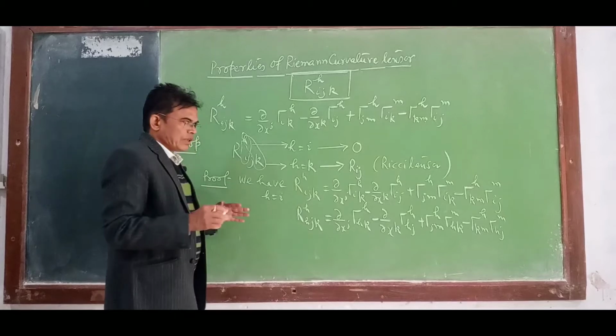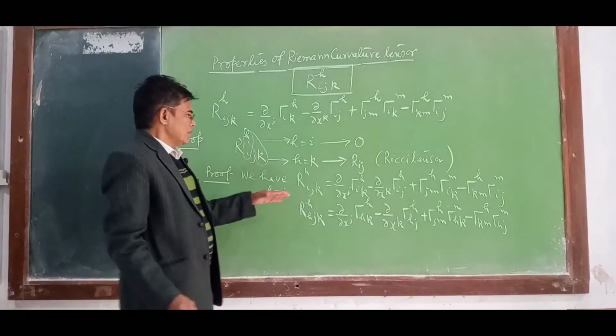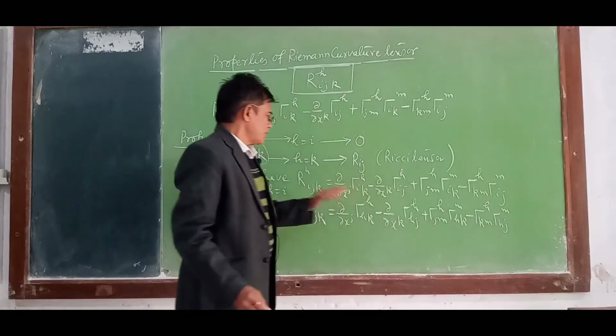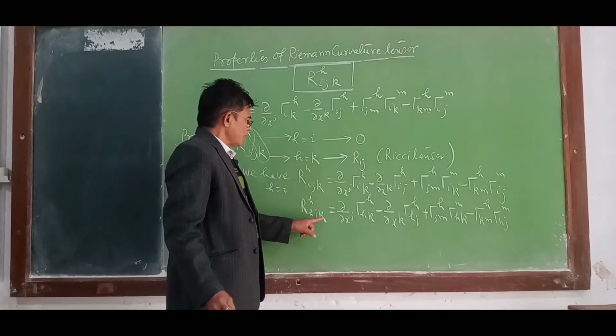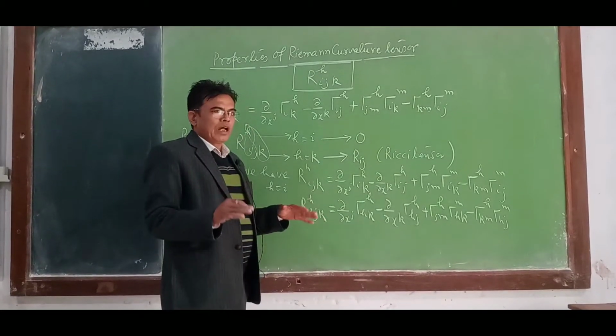By substituting h equal to i in this definition, we get R^h_{hjk}, by putting i equal to h.